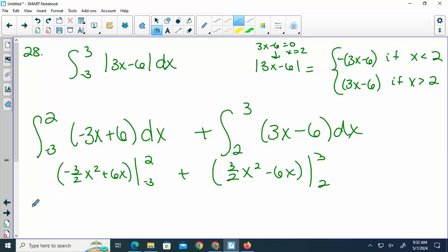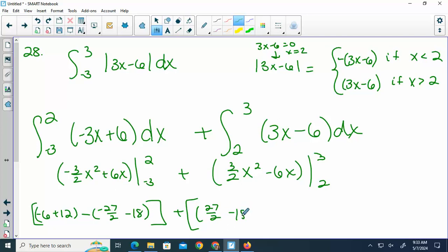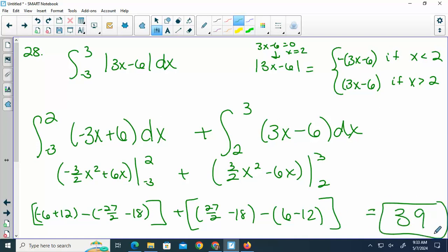You have to put in the 2, so 4 times -3 halves would be -6 plus 12, minus, if you put in a -3, and then over here you do the same. You evaluate the upper minus the lower. And then for the sake of time, I'm just going to tell you that answer is 39. You would work it out.